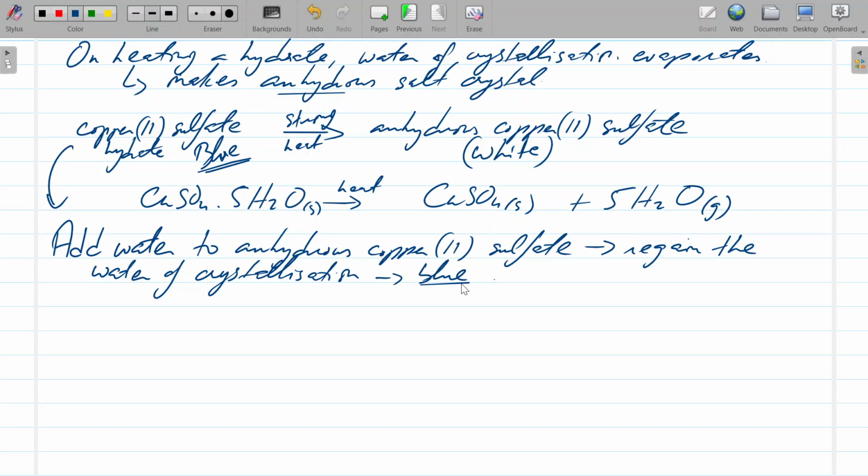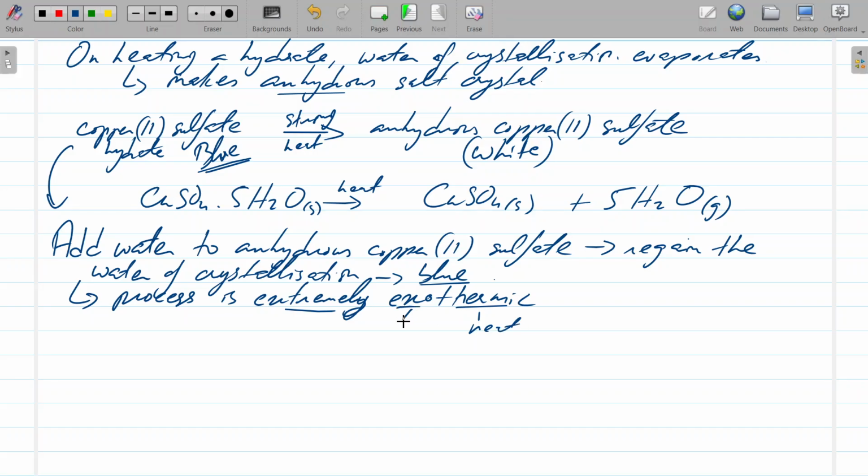But just keep in mind that this process is extremely exothermic. So it's going to give up a lot of heat. It's going to become hot. So something to be careful about. Extremely exothermic. Thermic means heat, exo means out, so it's giving out heat. All right.